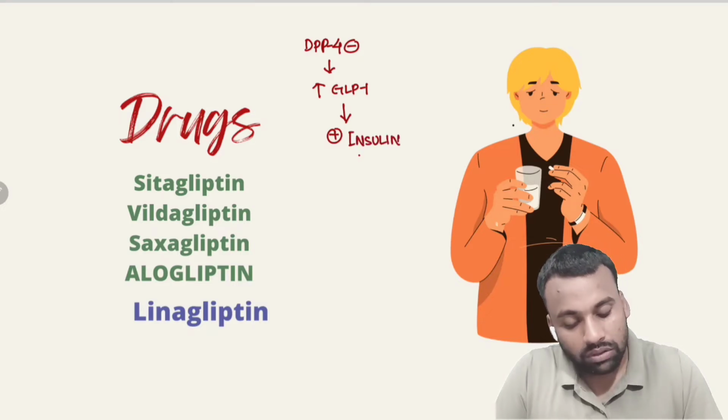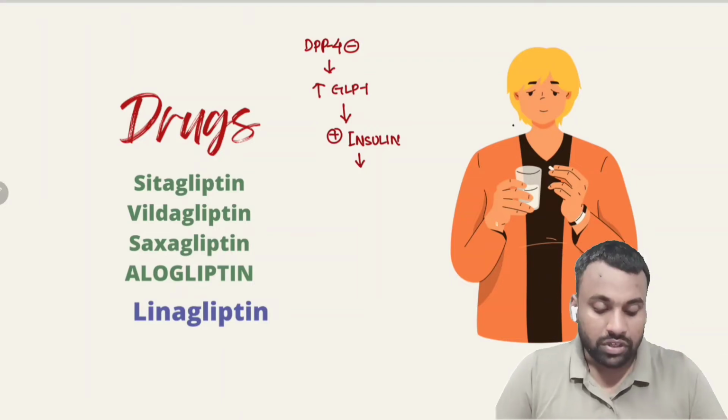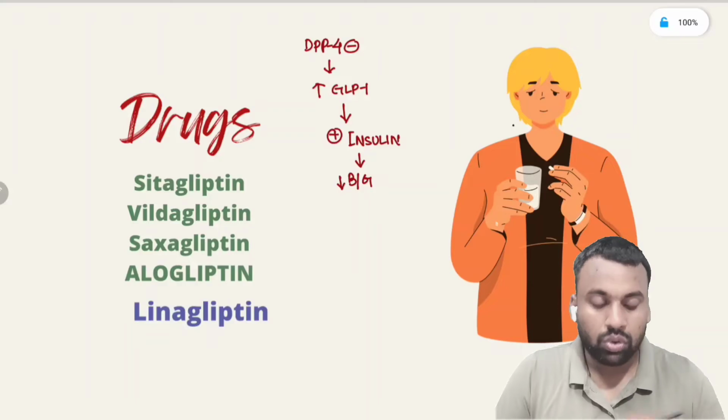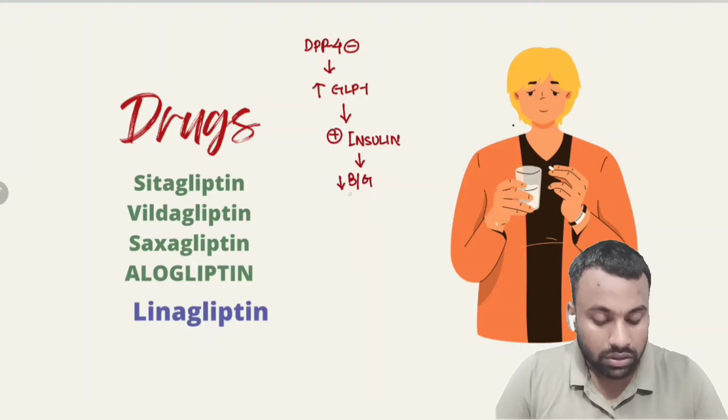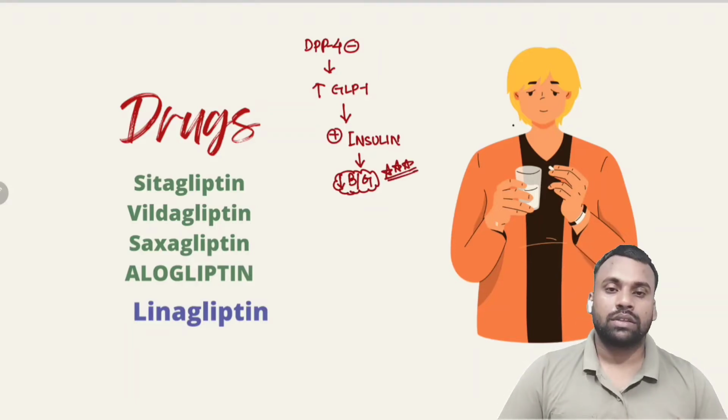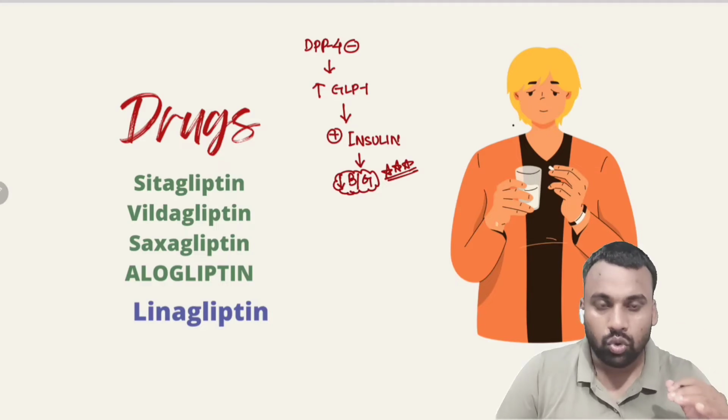And if there is more release of insulin, it is responsible for decreased blood glucose level, which is what we want. This is our main target in diabetes, to decrease the blood glucose level.